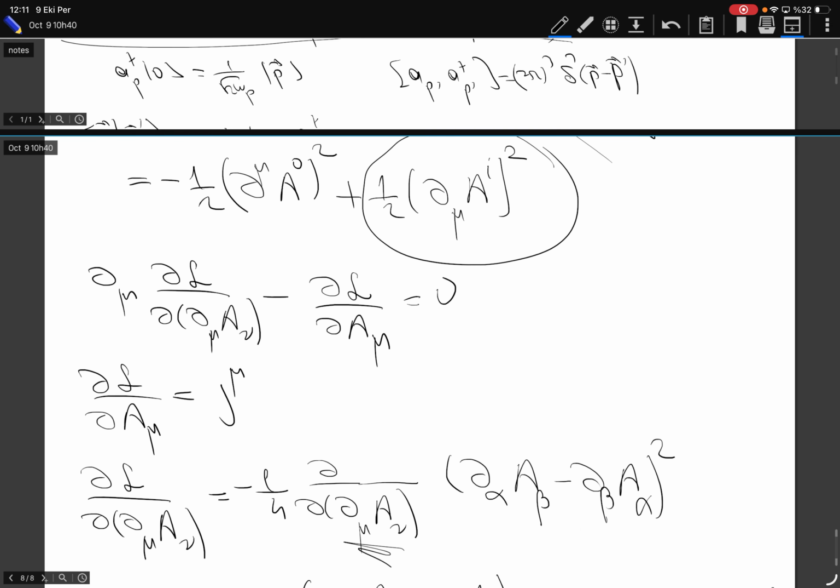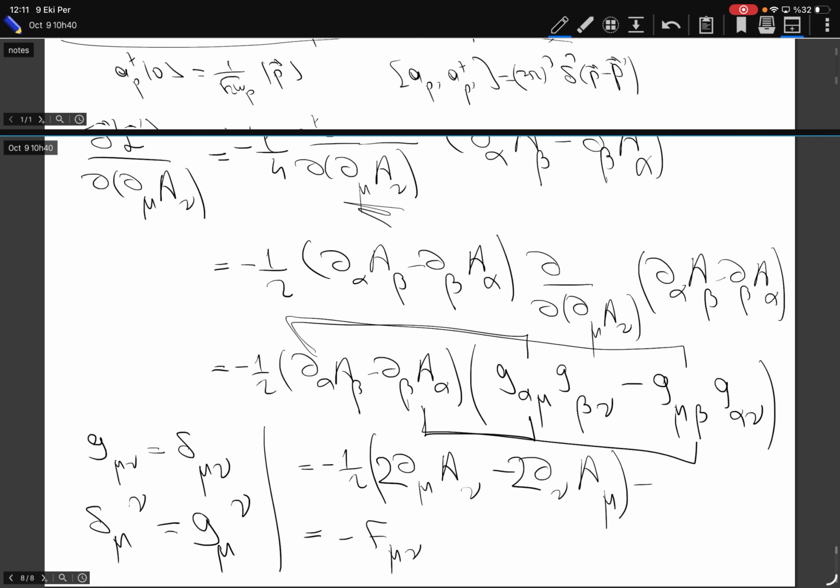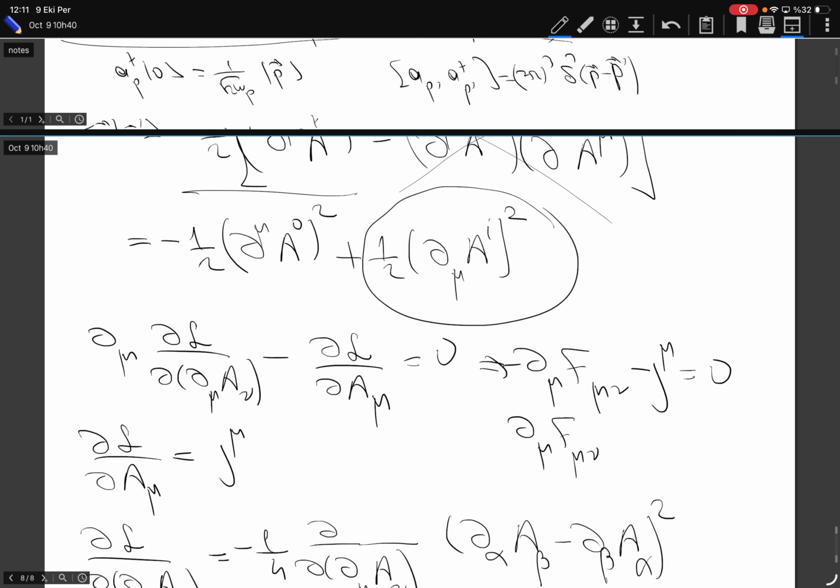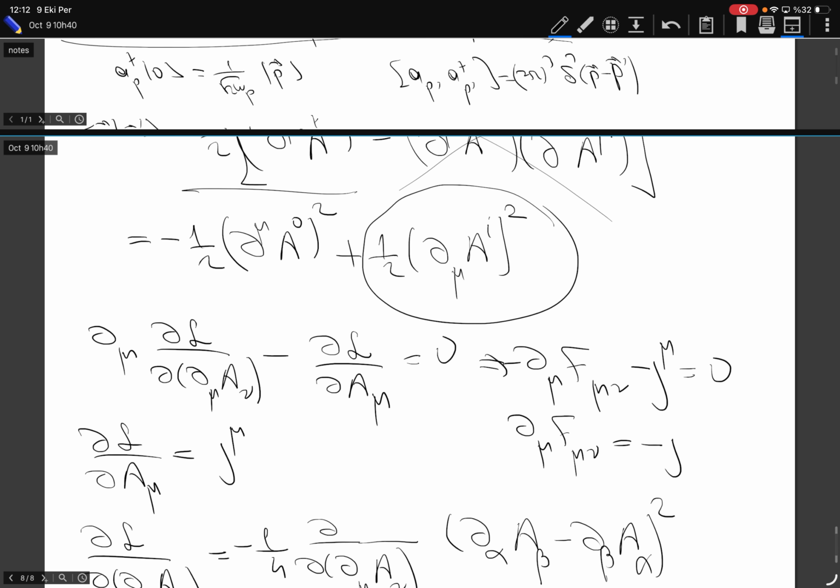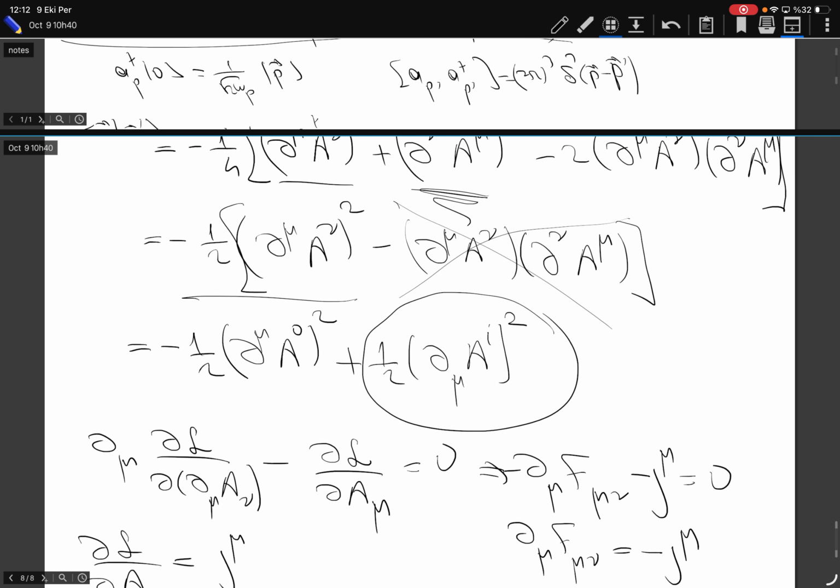So my equation of motion is minus del mu F mu nu minus J mu is equal to 0, or del mu F mu nu is equal to minus J mu. Okay, let me just change some signs.